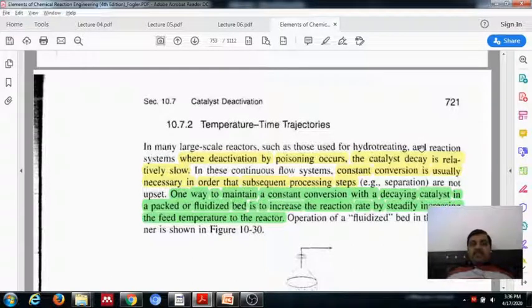Now these are all continuous processes, and if deactivation dominates, as it continues through the timeline, what it will impact is the throughput from your process.